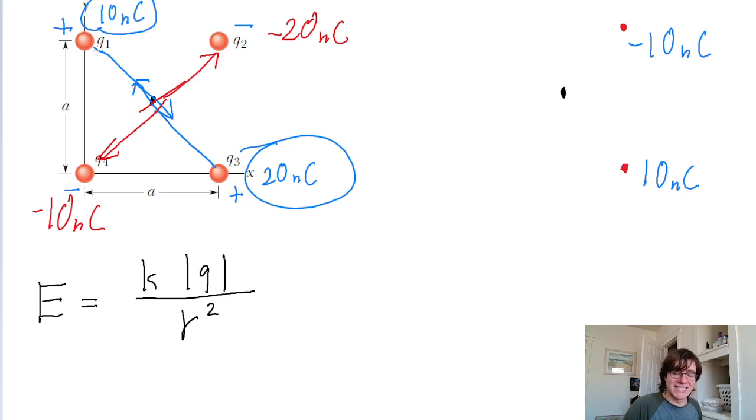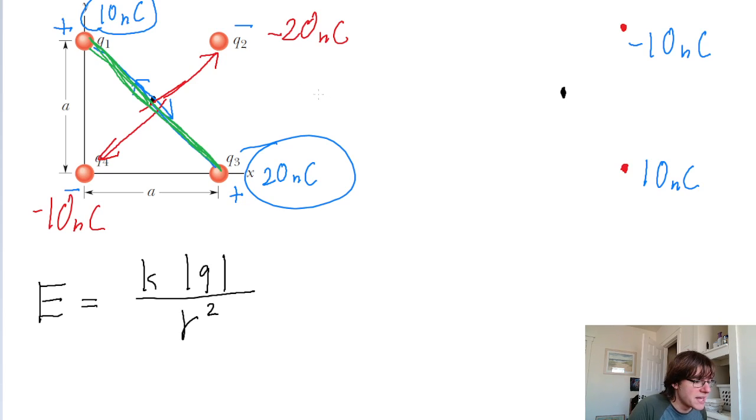Because we're told that the side lengths of the square are a, we can use the Pythagorean theorem to find the distance between two of the diagonal charges, treating that like the hypotenuse of a triangle. So, remember the Pythagorean theorem says that the squares of the legs added together are equal to the square of the hypotenuse.